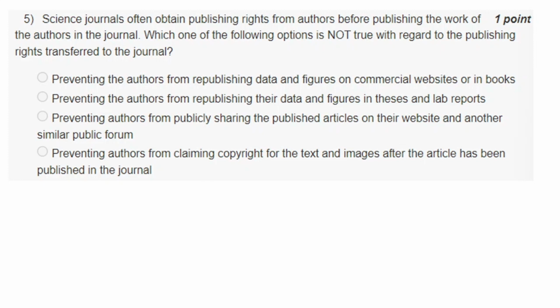Basically that's still unpublished data, because it has not been put online yet. And if you have already given the publishing right to a journal, you definitely should not go ahead and put it somewhere.